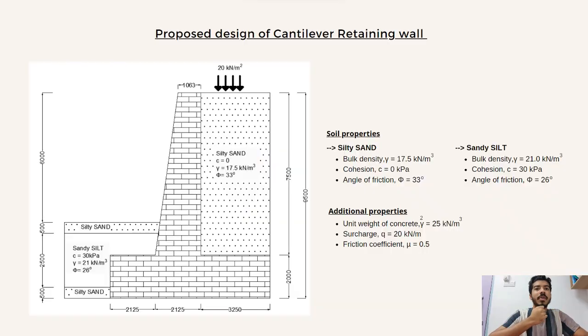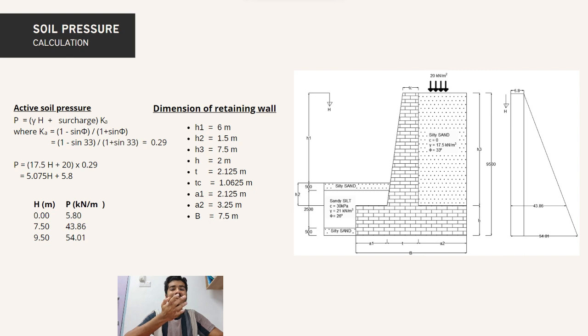Now moving on to the design parameters, we have considered silty sand layer as the backfill soil with a negligible cohesion value, and here are the assumed values and soil characteristics for different layers that will be taken into account during the analysis. The layers are determined based on borehole log 5. First and foremost, the active soil pressure acting on the structure due to the surcharge acting on the backfill was calculated.